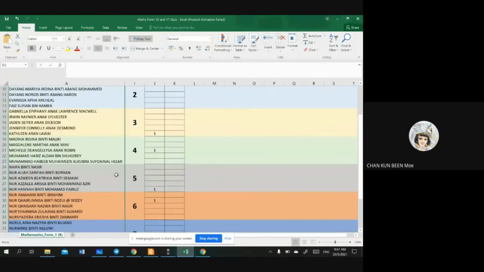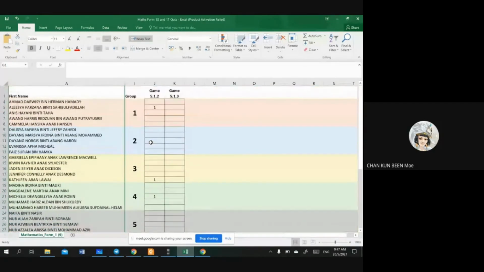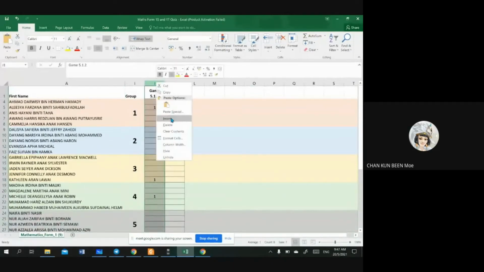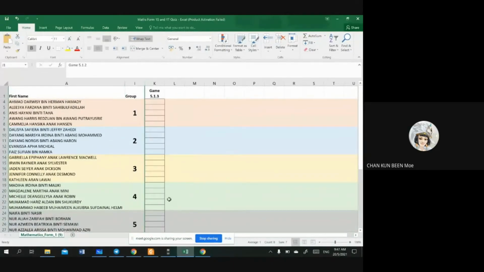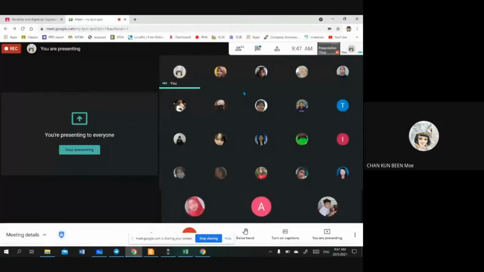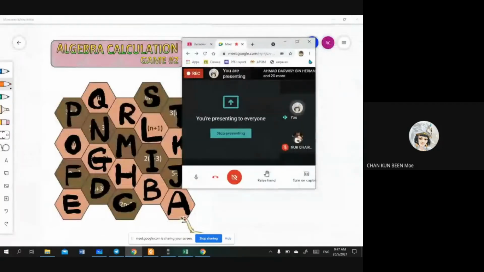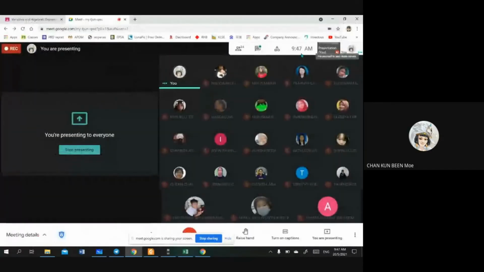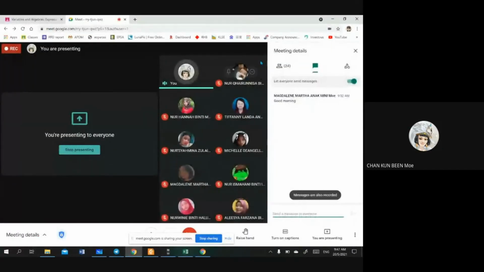Okay, you remember your group, and those marks are the points collected in the previous game. I'm going to hide this first. Today we are going to play game 5.1.3. Group 1, know yourself. What number do you want to choose? I need to open up the small screen over here so that I can see what you are writing, because some of you want to chat.